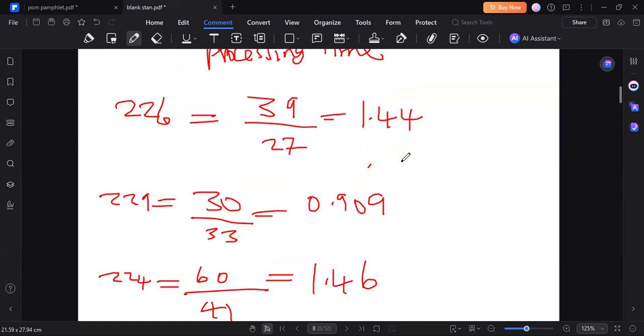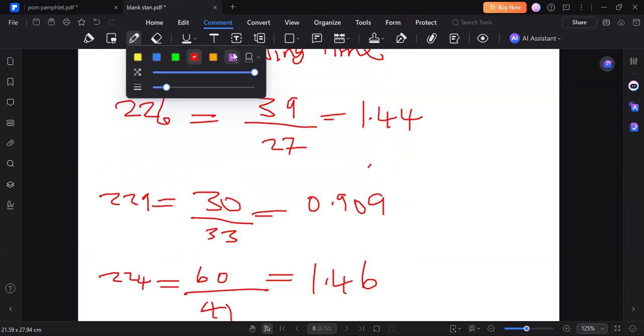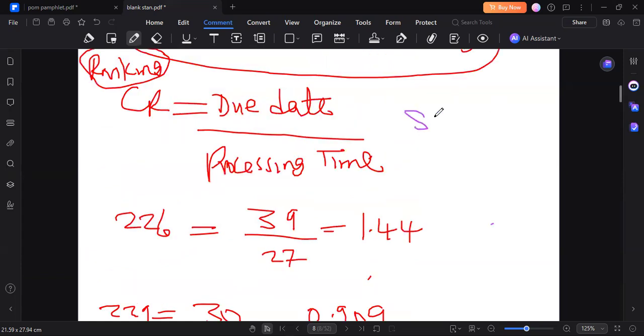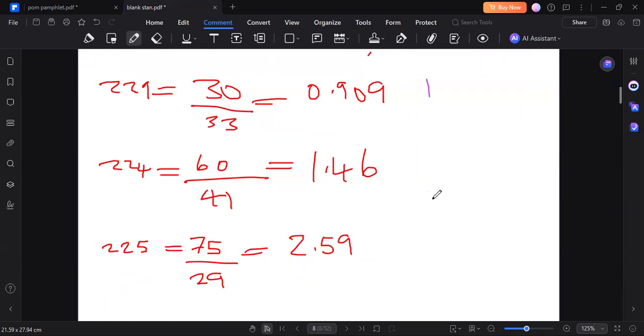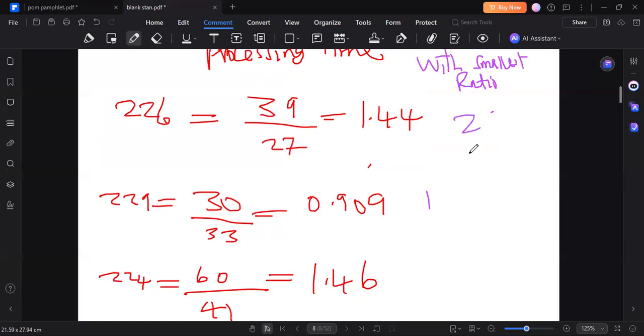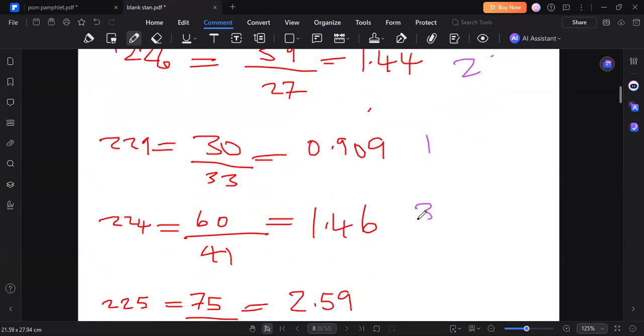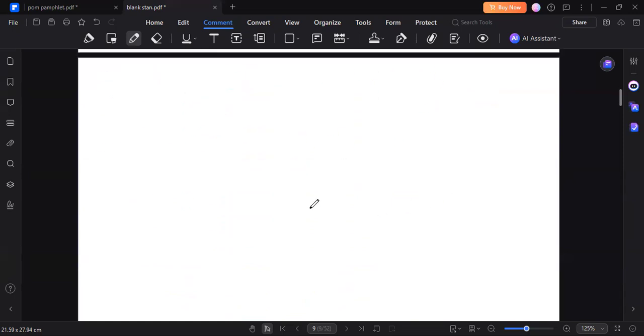So the first job to do will be the job with the smallest ratio. So this one will be number 1, this one number 2, number 3, and number 4.